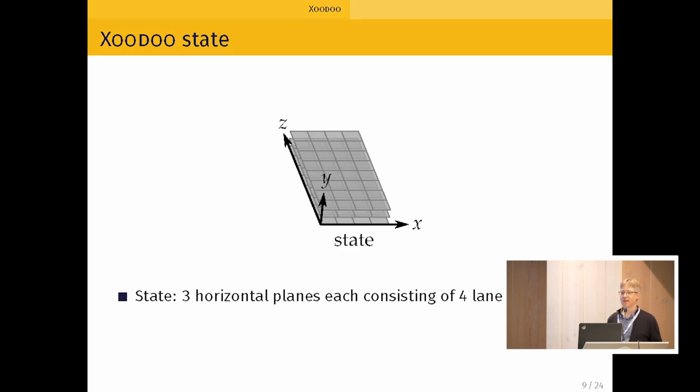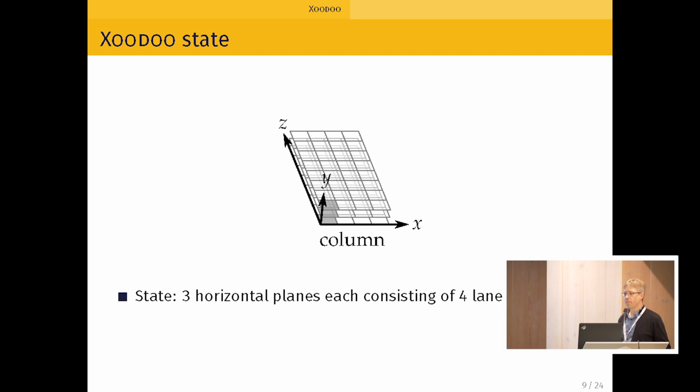Okay, so I said that we have 12 words of 32 bits. So actually the state is organized as 4 times 3 times 32 bits. This picture only shows 8 bits in the Z direction. It should be 32 just for the picture. So that's the state. The state consists of 3 planes of 128 bits, and each plane consists of 4 lanes of 32 bits.